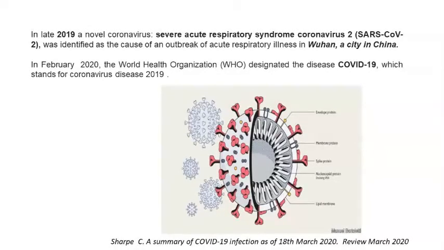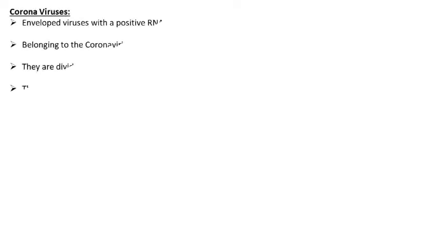So this coronavirus is an enveloped virus with a positive RNA genome. We have actually many RNA viruses, like hepatitis C virus and HIV, and this virus as well is an RNA virus. It belongs to the coronaviridae family.